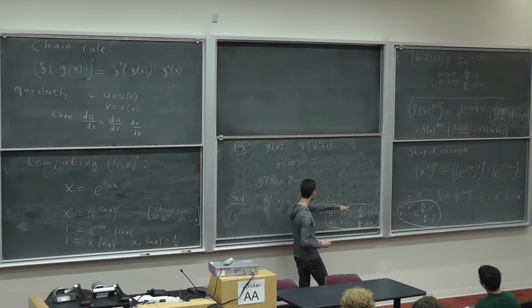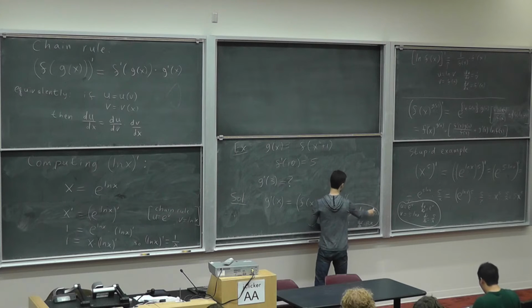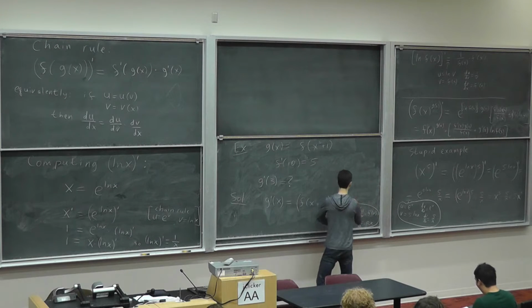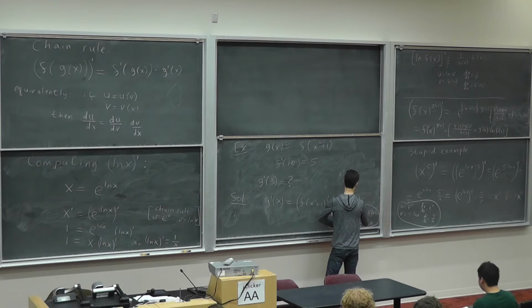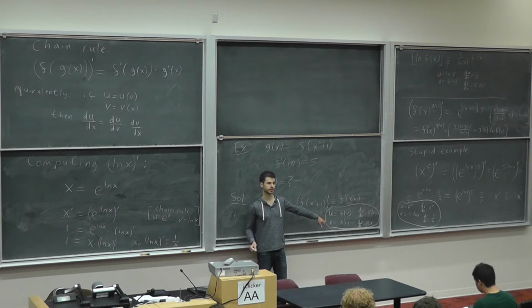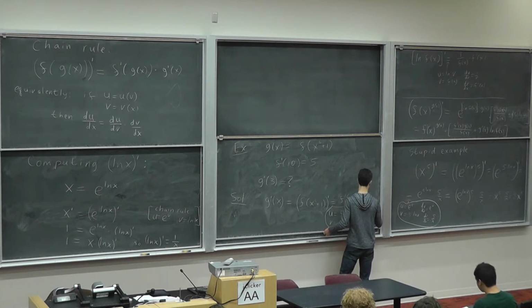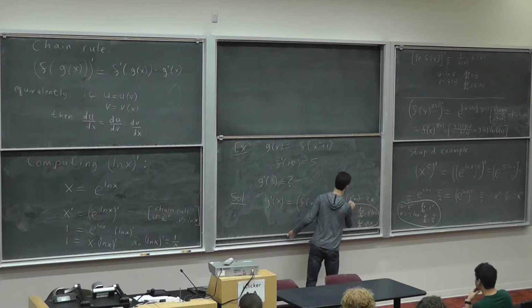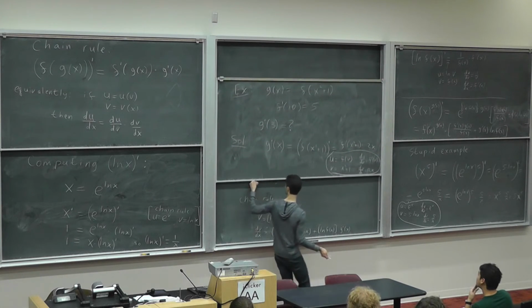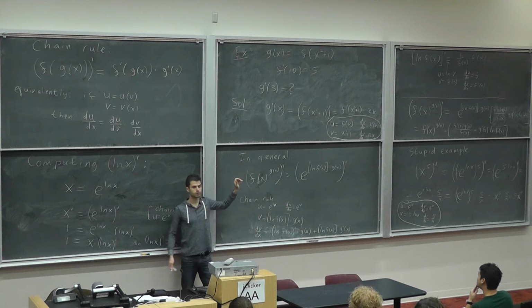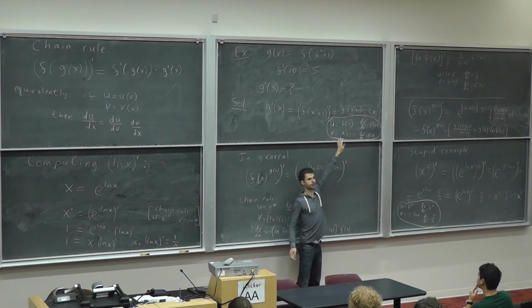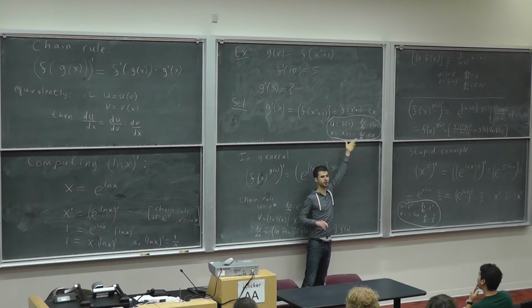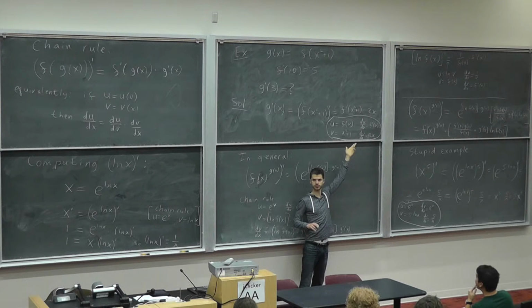So overall, I have f prime at the point v, which was x squared plus 1, multiplied by 2x. So that was this step here: why I wanted to apply the chain rule, and then how I applied it. Okay.